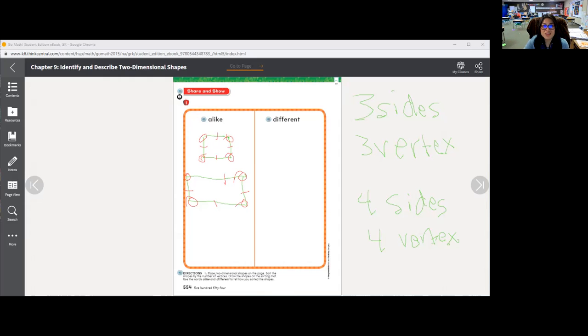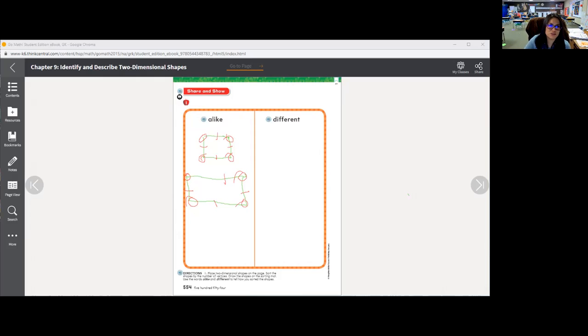Now, let's draw ones that are different. What's a shape that's different? Ayla, go ahead and tell me a shape that is different. What other shape doesn't have 4 sides and 4 vertex?